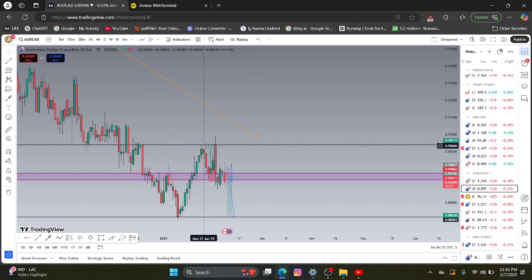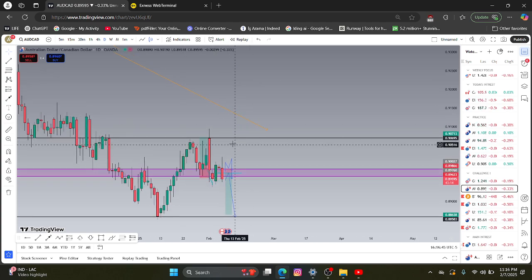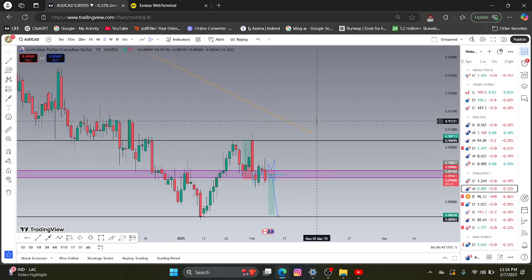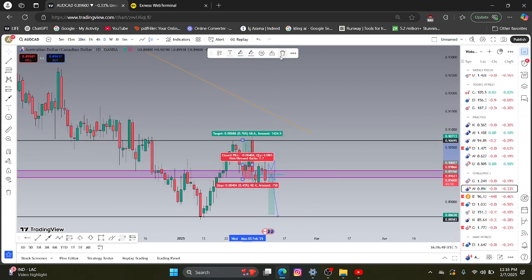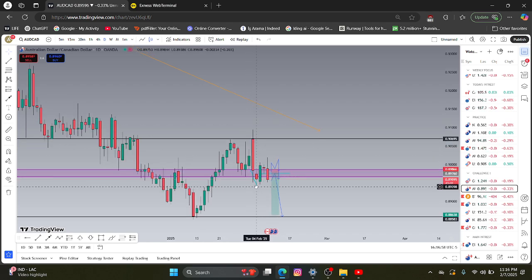So you see what I was saying, waiting for the market to close above the zone. If this market closed above with a full candle and not a rejection, then you would have looked for more buys, but you see it rejected and dropped again. It's now back at this zone where it went up and came back, and again tried to go up and closed down.